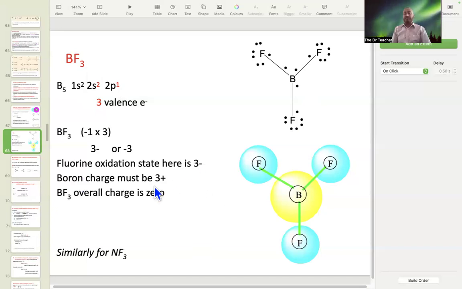So -3 plus 3 will be 0. So the overall charge in BF3, you see there is no charge outside, means stable, 0 charge after reaction. Similarly for NF3.